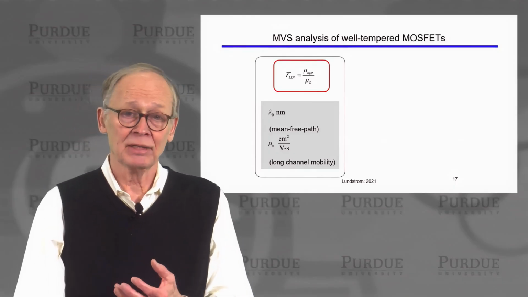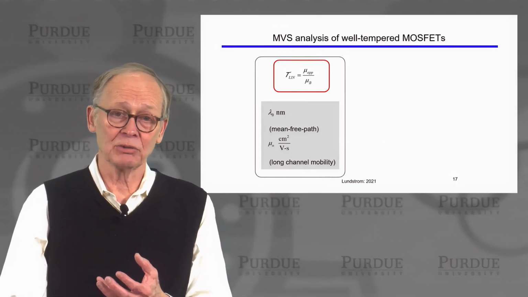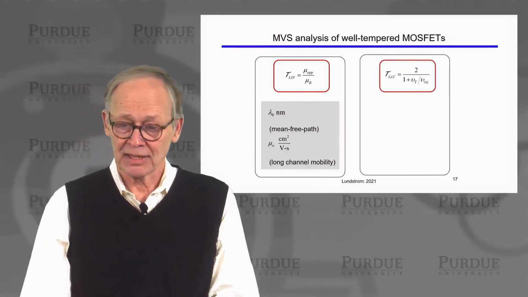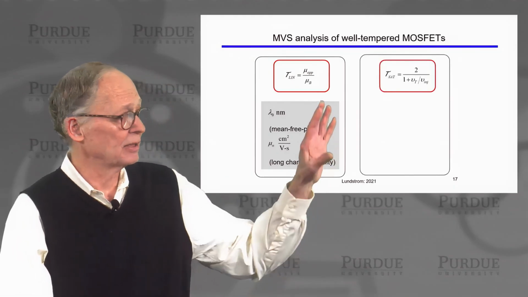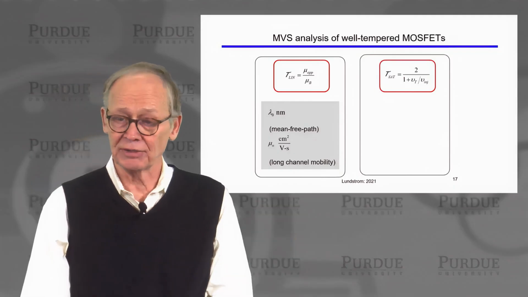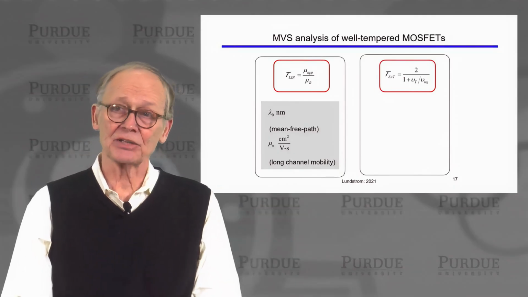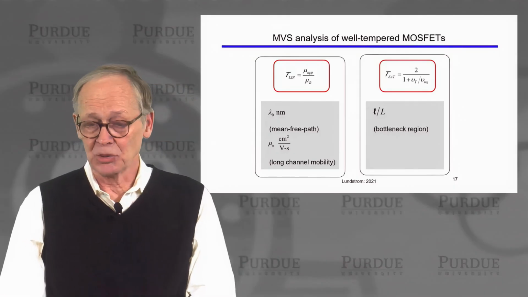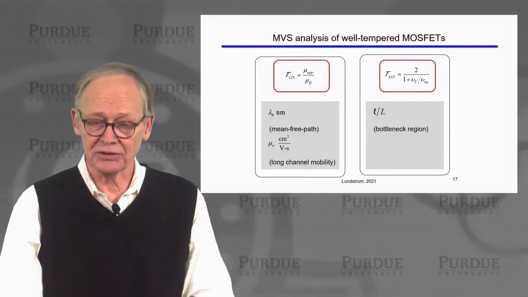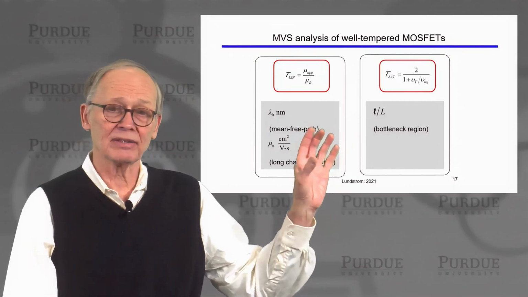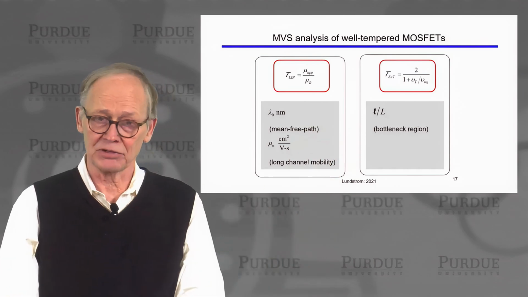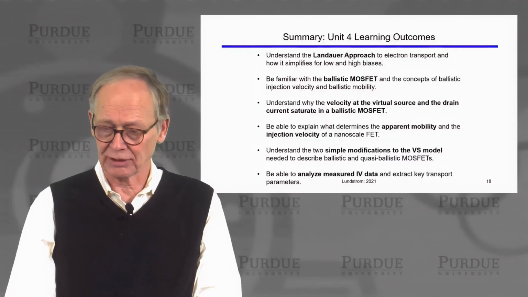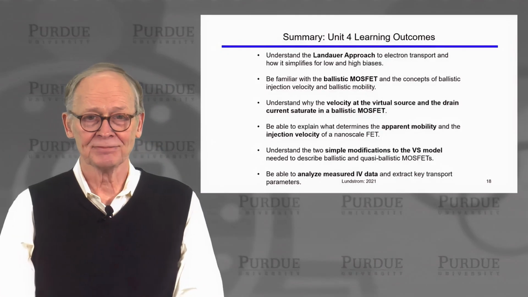Knowing the mean free path, we can deduce what the mobility would be in the corresponding long channel MOSFET. Under saturation conditions, the transmission is related to the injection velocity and to the unidirectional thermal velocity, which we can compute. We showed how we can use that analysis to deduce what is the length of this critical bottleneck regime. And we showed that it was about 10% of the channel length for a couple of different transistors.